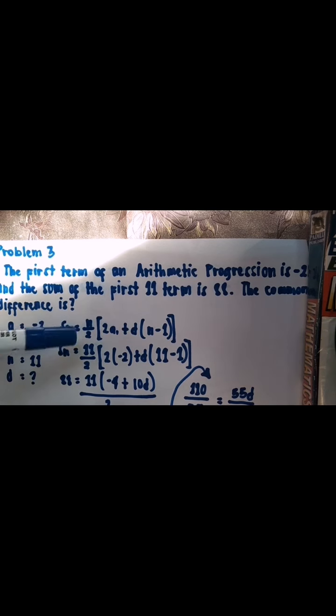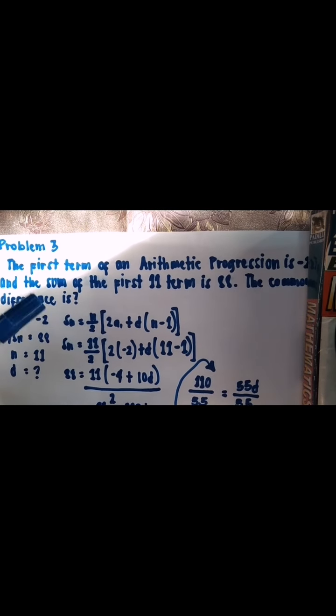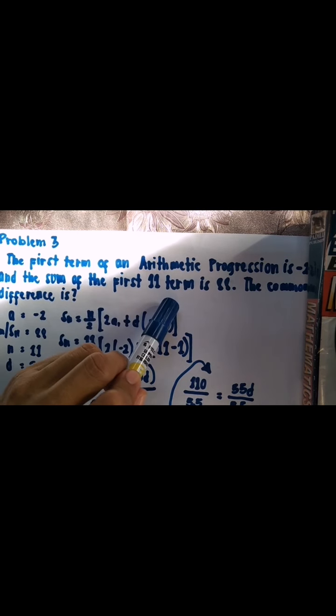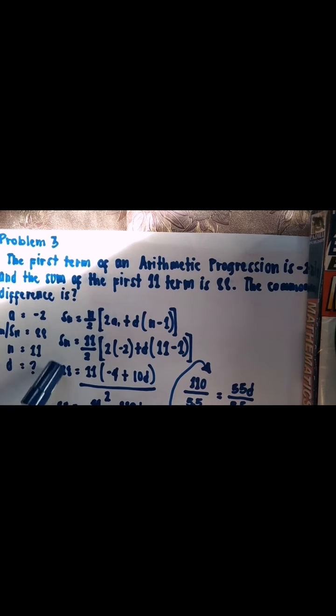Now we rewrite it with our given numbers. The S sub 11 changes to 88, because the sum of the first 11 terms is 88.